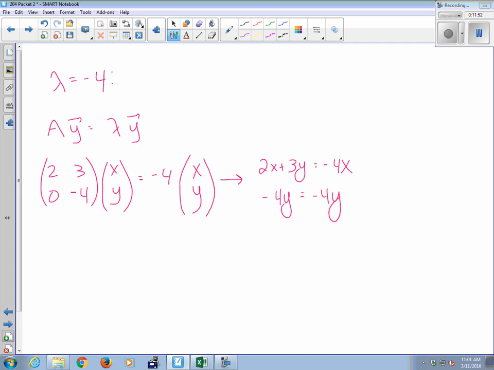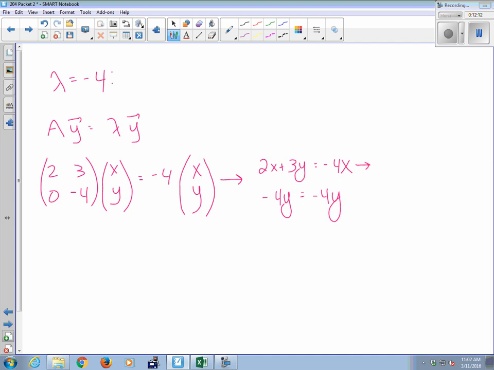What kinds of vectors would make that true? Negative 2, 0 definitely works. So this second equation gives us no information whatsoever. It says y could be anything. So let's look at this first equation.